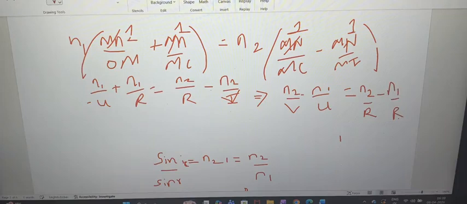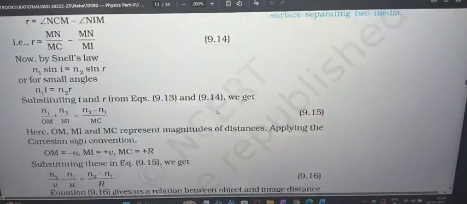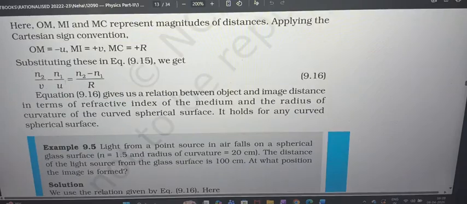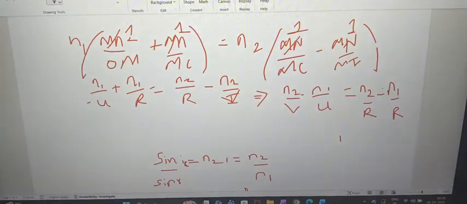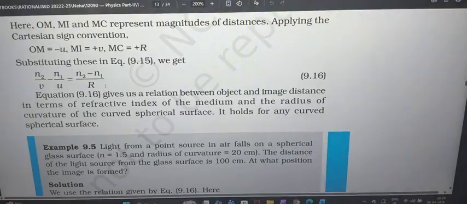So whenever they give the values of refractive index or radius of curvature and tell you to find the image distance or object distance, you have to use this formula. n2 by v minus n1 by u equals n2 minus n1 divided by r. Because the denominator is the same, you can write it together. So this is giving us the relation between the object distance, image distance, and the refractive index.